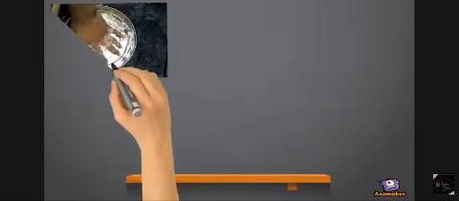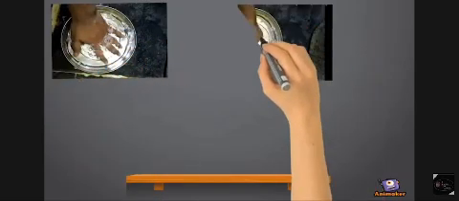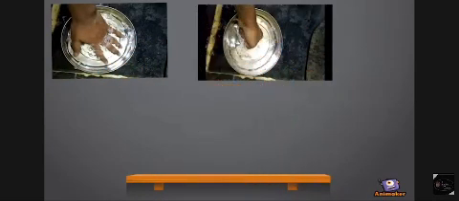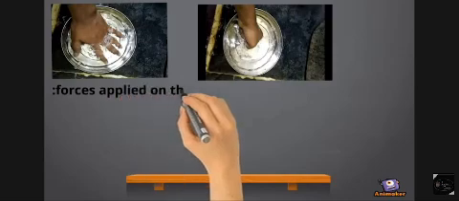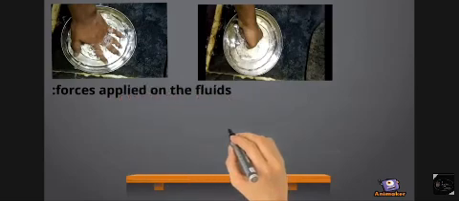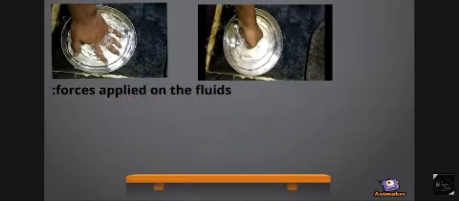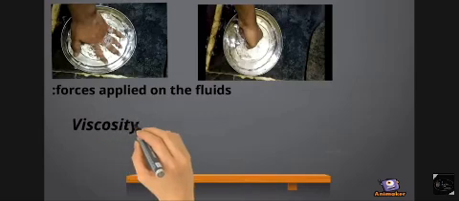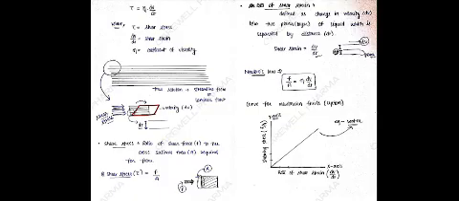Newton's law of flow states that the shear stress between adjacent fluid layers is proportional to the velocity gradient between two layers, or shear rate. Mathematically, tau = η dv/dr, where η is a constant, the coefficient of viscosity or dynamic viscosity, tau is shear stress, and dv/dr is rate of shear.